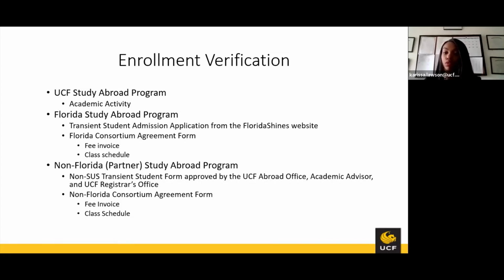And I will send you this form. This form is also available on the financial aid website under study abroad, and I'll also send the forms in the email as well. I hope that answered your question.